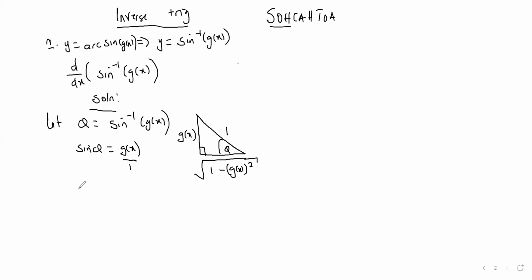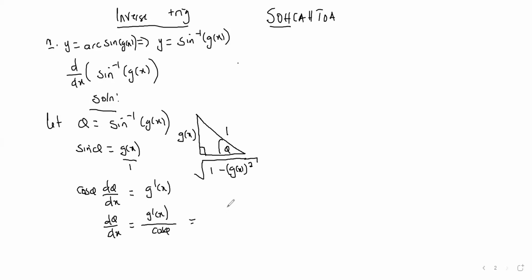We differentiate sine and get cos theta times d theta/dx, and then differentiate g, we get g prime of x. So we're looking for d theta/dx. It will be g prime of x over cos theta.